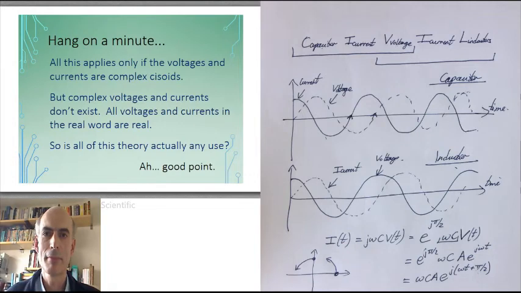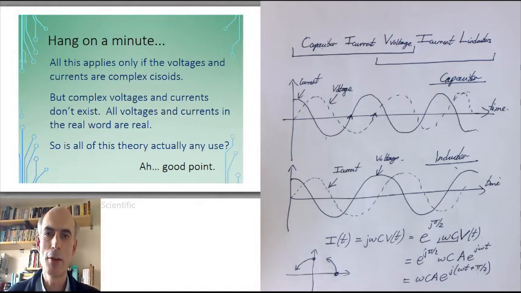Yes, as some of you will no doubt have noticed, there is a fundamental problem with all of this. In the real world, there is no such thing as a sinusoidal oscillation because all voltages and all currents that happen in real circuits in the lab are real. So does that mean that all of this nice theory is useless?